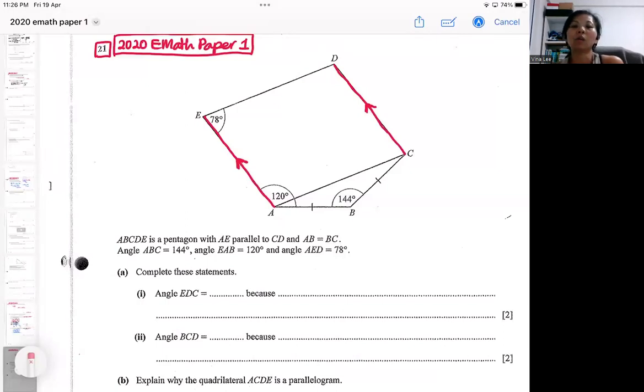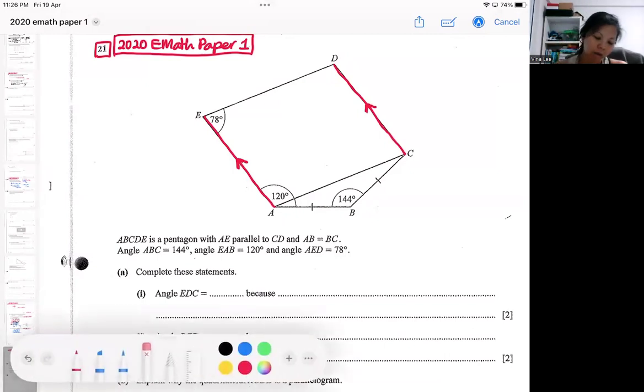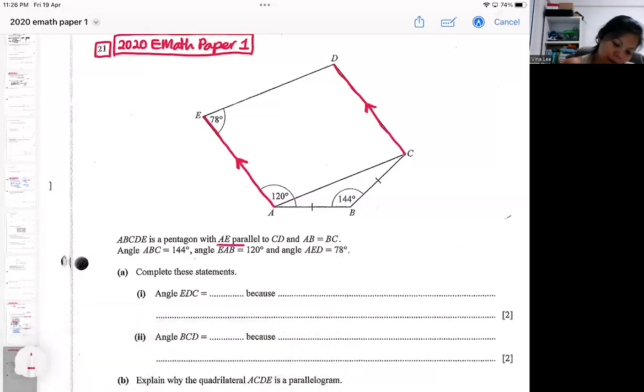But there's no mention of parallel, so you cannot assume so. The only parallel lines are AE and CD.